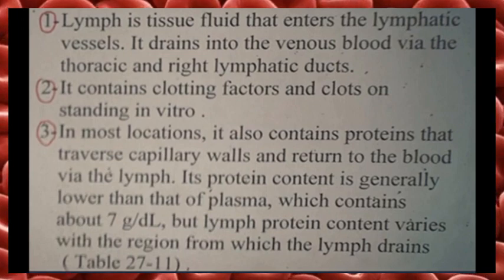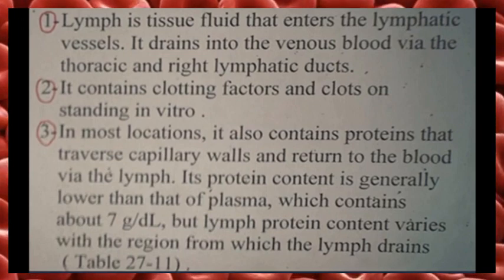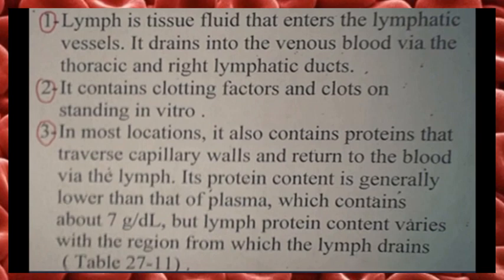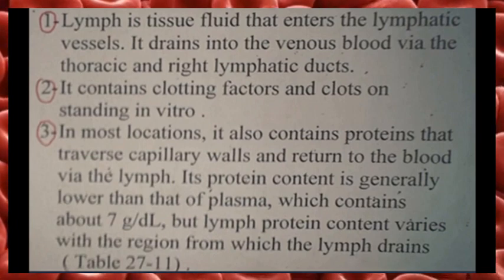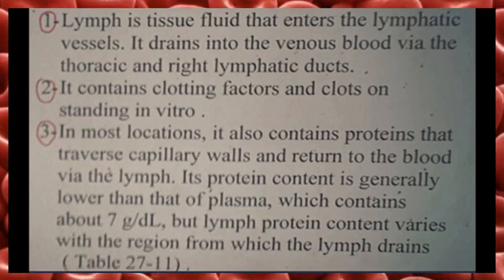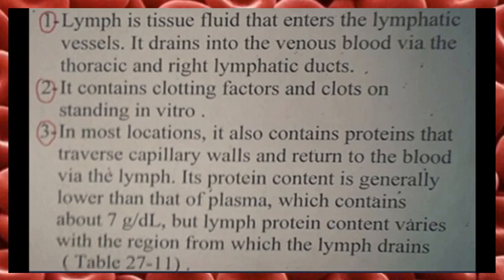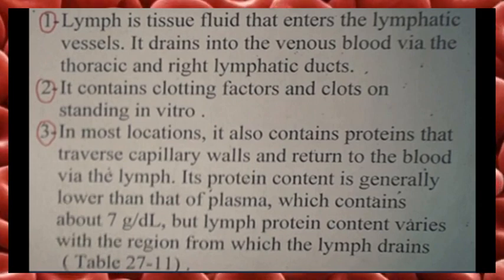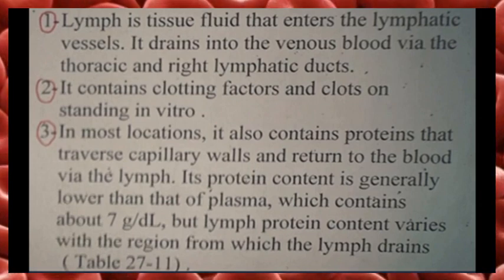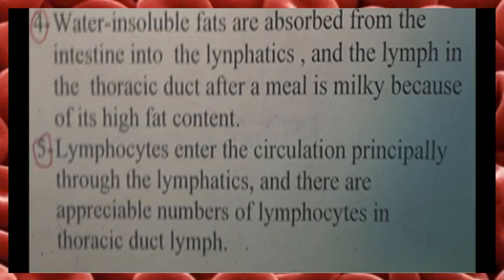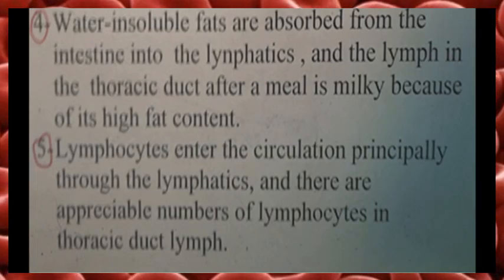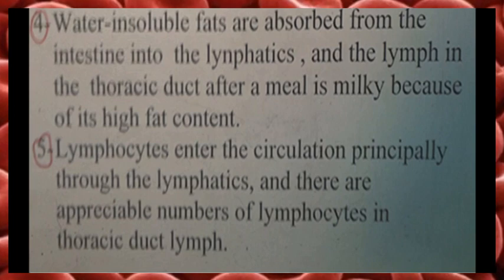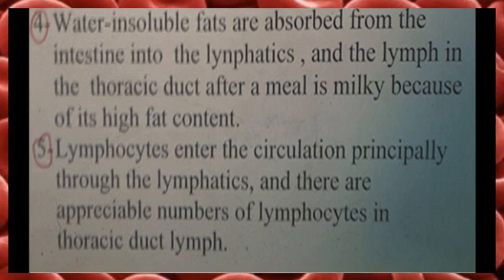It contains clotting factors and clots in vitro, similar to the plasma, if you remember. In most locations there are proteins, but the concentration of these proteins varies according to the tissue.